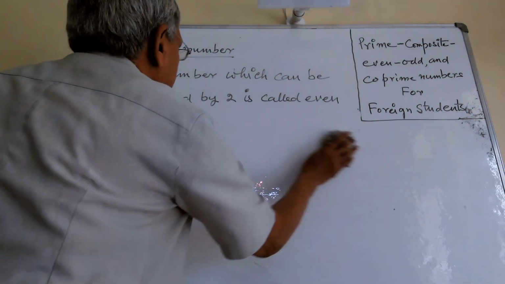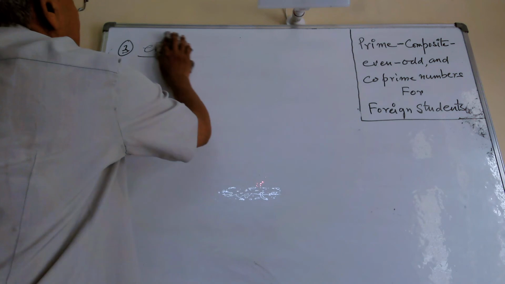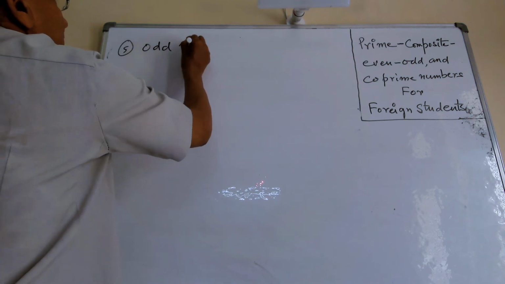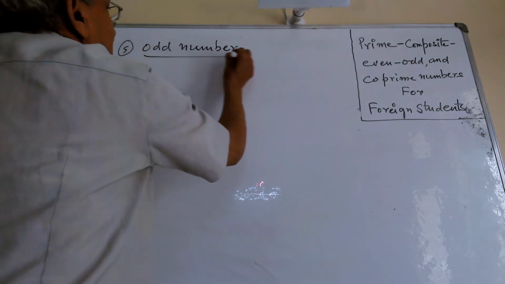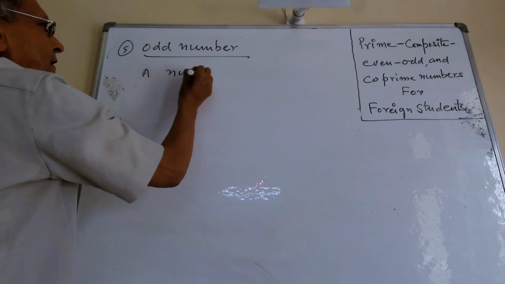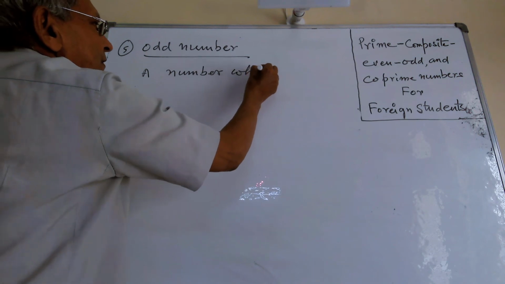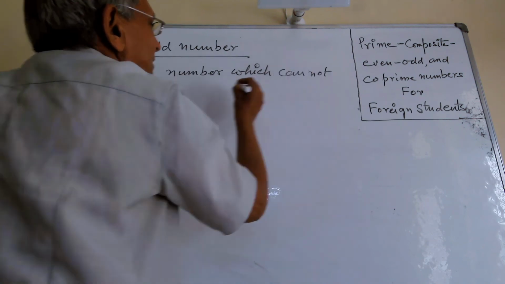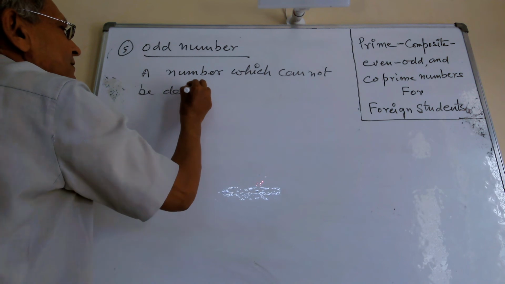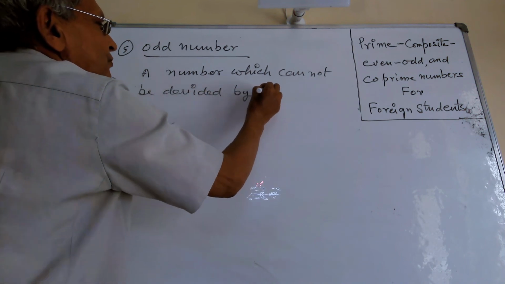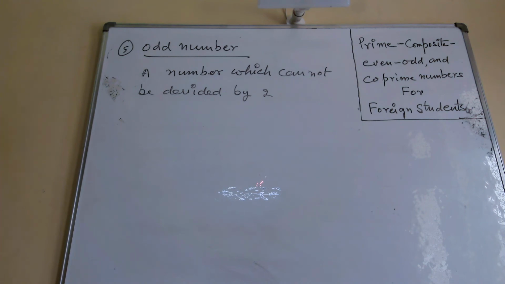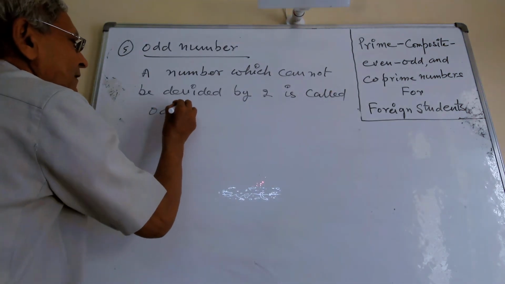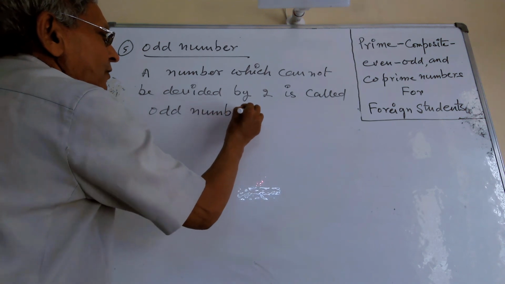Odd number. A number which cannot be divided by 2 is called odd number.